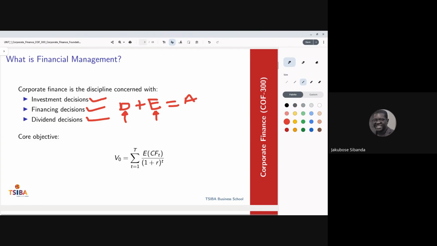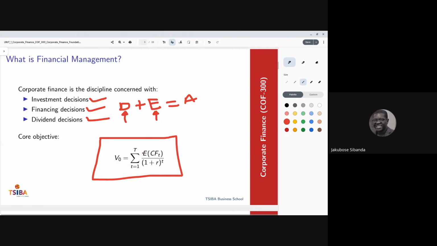But out of all this, what is the objective? The core objective is to increase the value. So this is the formula that helps you to do that. We're going to talk about this formula in depth later on. The formula says V naught is equal to the summation, t equals 1 until capital T.